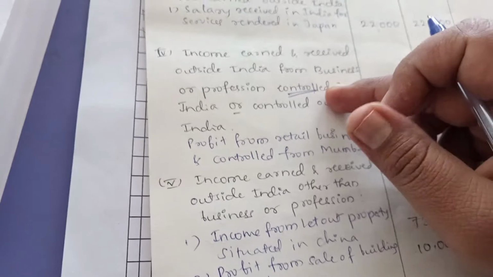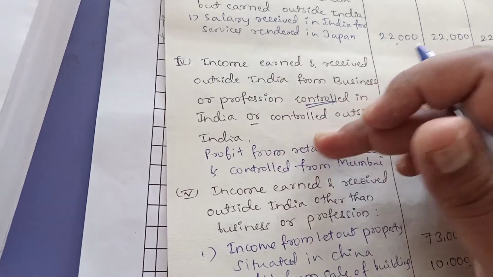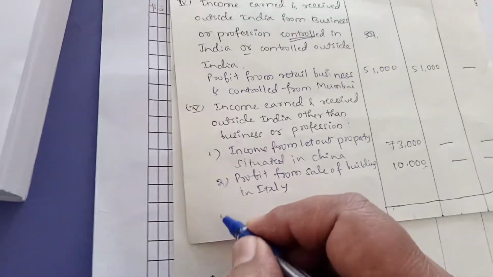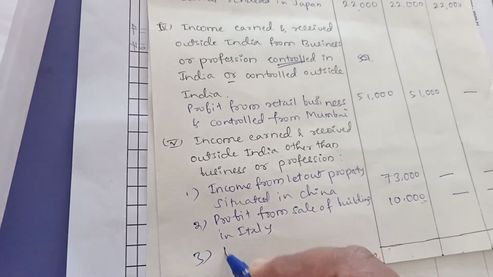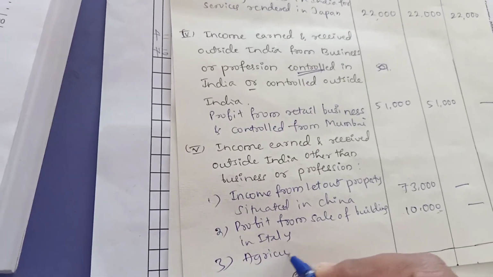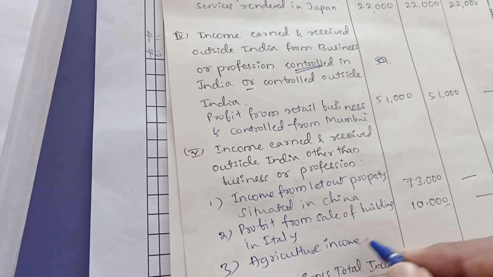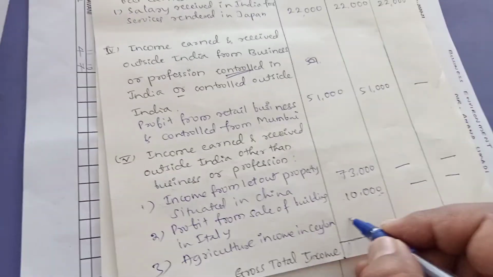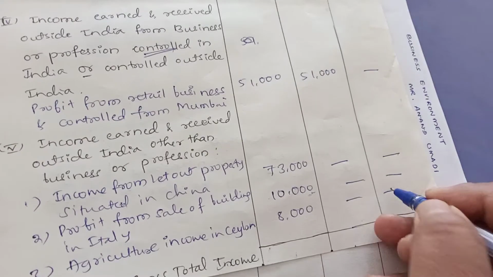If it is the case of control, we can write here, but if it is not the case of control, we can write on the last head. That is why agriculture income in Ceylon, amounted to rupees 8,000. So the last two columns will be left blank.